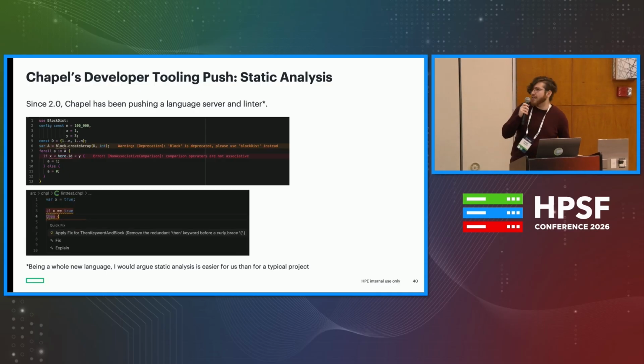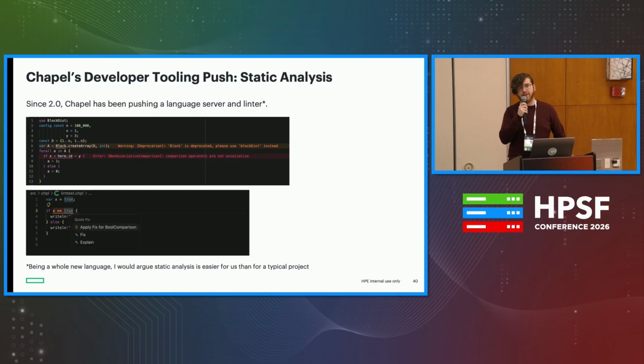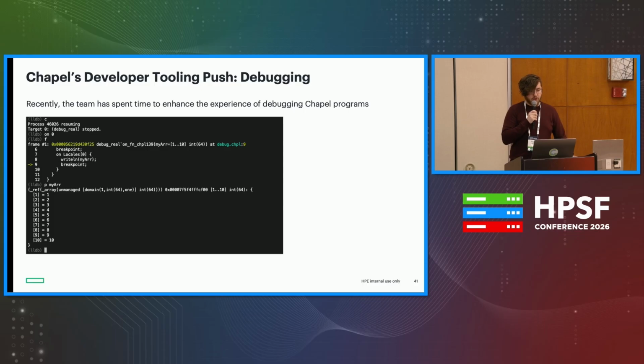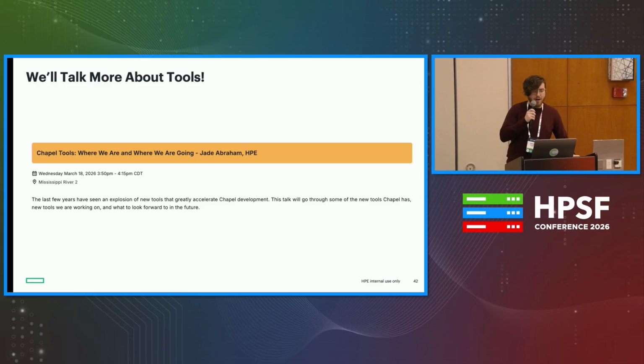And it's a little animated GIF of some common issues in Chapel code being automatically fixed by our linter. We've also done some work on debugging, which helps debug multi-node programs in Chapel with relative ease. But I won't talk too much about that because my colleague Jade, who's here in this room, is going to be giving a talk on Chapel tools. And if you're interested, you can go there.